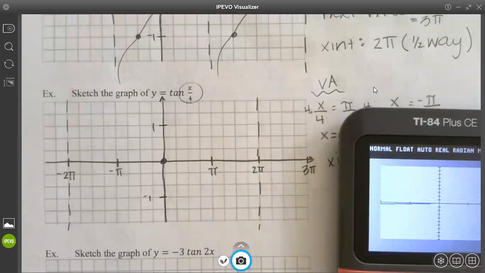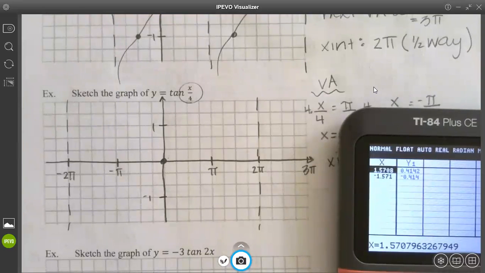Sorry, that's not what I wanted to do. I apologize. These are weird, aren't they? So these were pi over 2. How much?